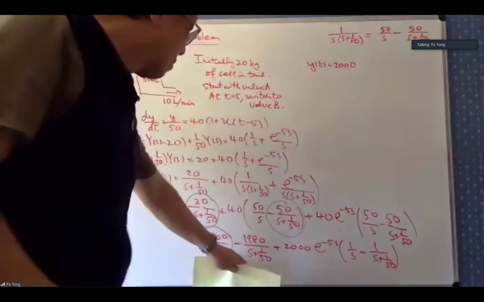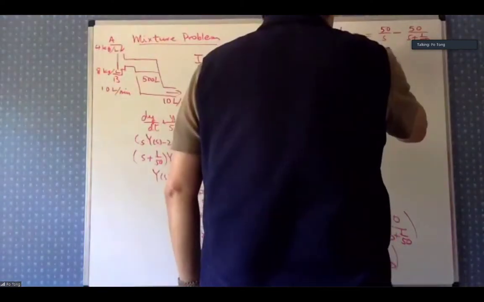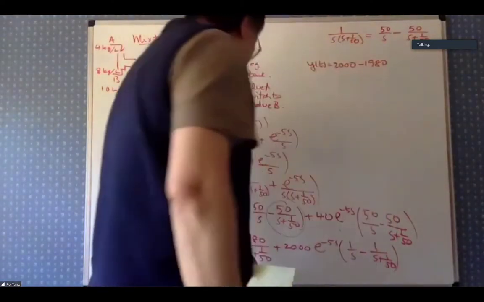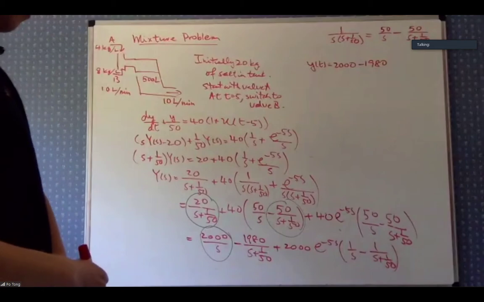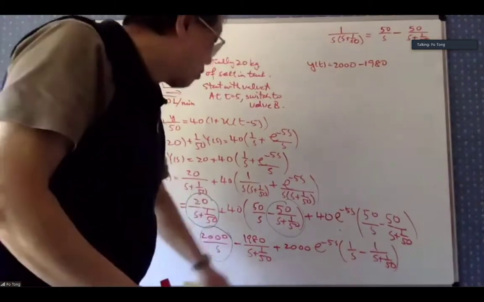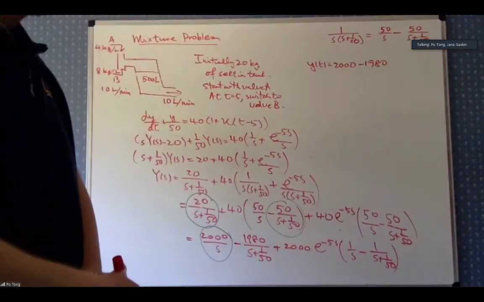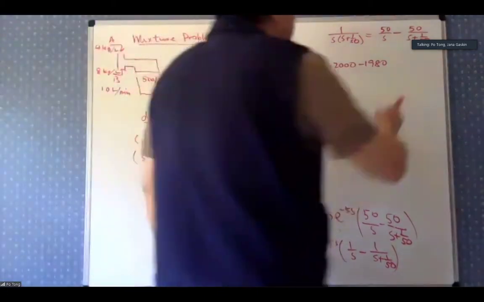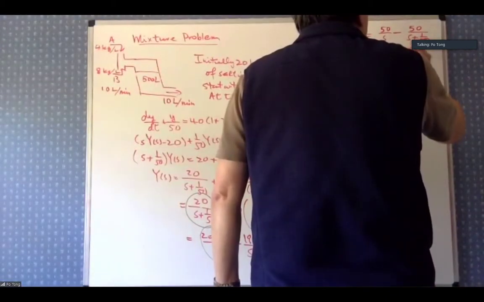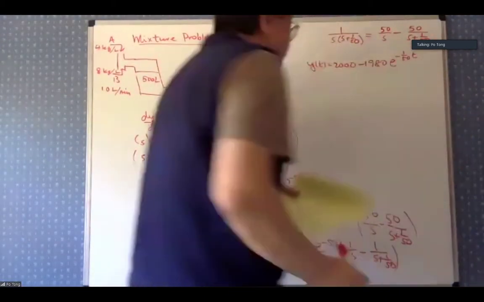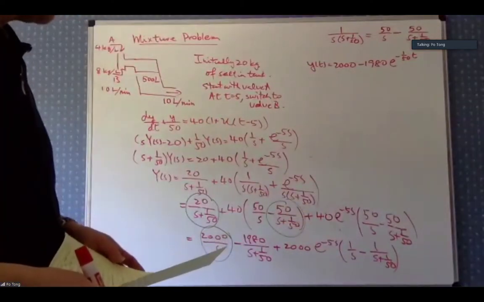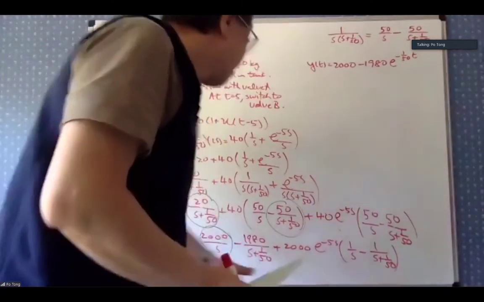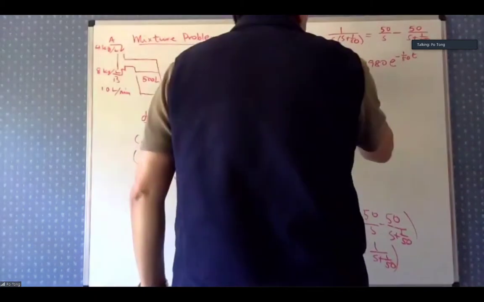Minus 1980 over s plus 1 over 50. The inverse transform is e to the power negative t over 50. Plus this guy, which is 2000.